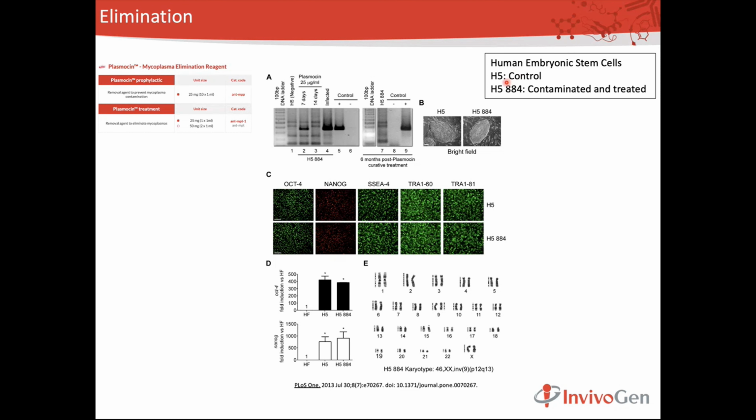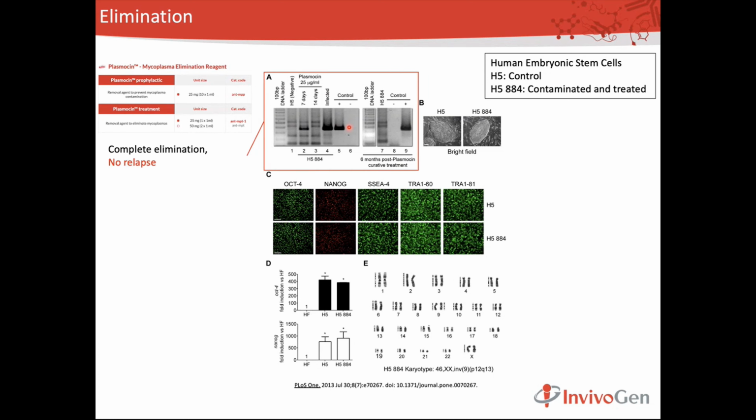The first one is the control, which they call H5. And then the other group is the H5AA4, which is the contaminated cells and treated. So they're comparing different aspects between the control and the contaminated and treated cells to show that this treatment, this drug, is safe.